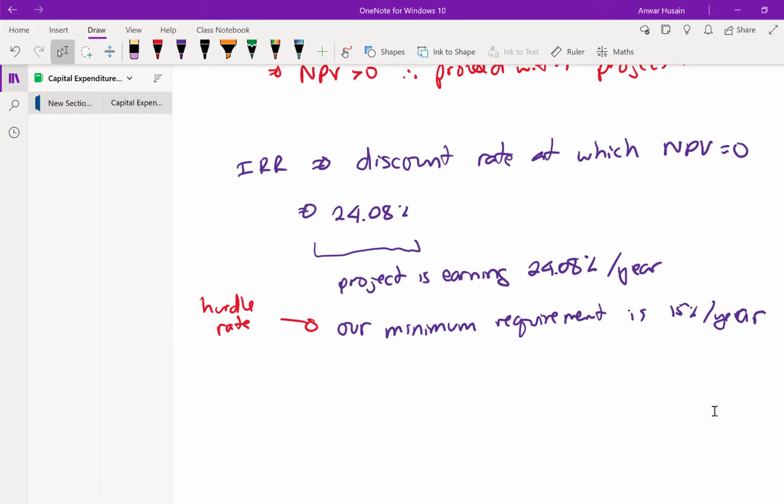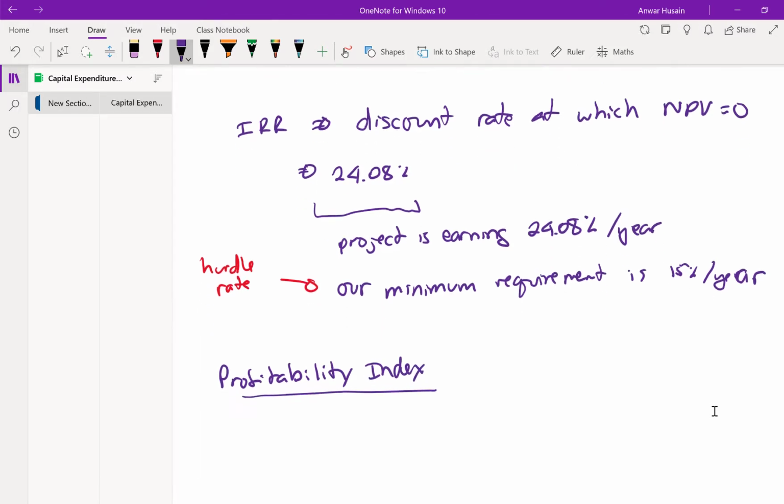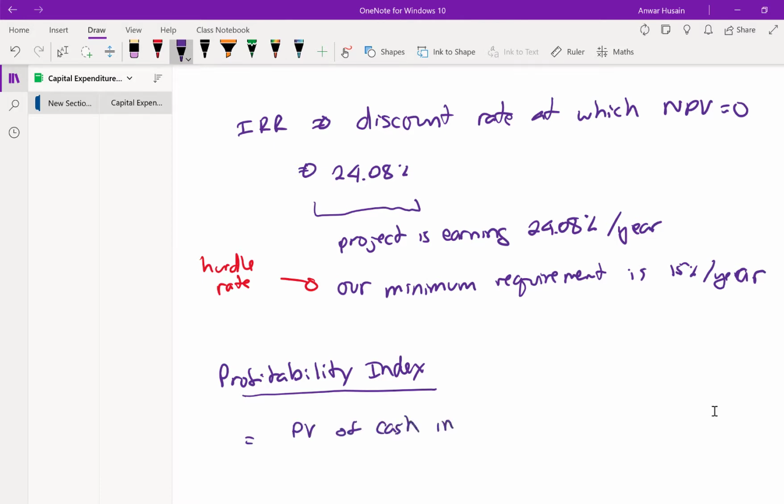And then the last one that I didn't really go over was the profitability index. This is essentially just a different way of stating the NPV. The profitability index is equal to the present value of the cash inflows divided by the present value of the cash outflows.